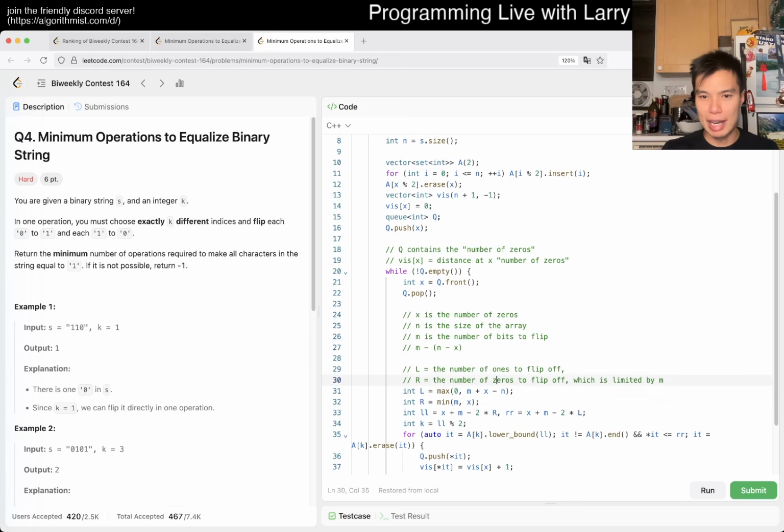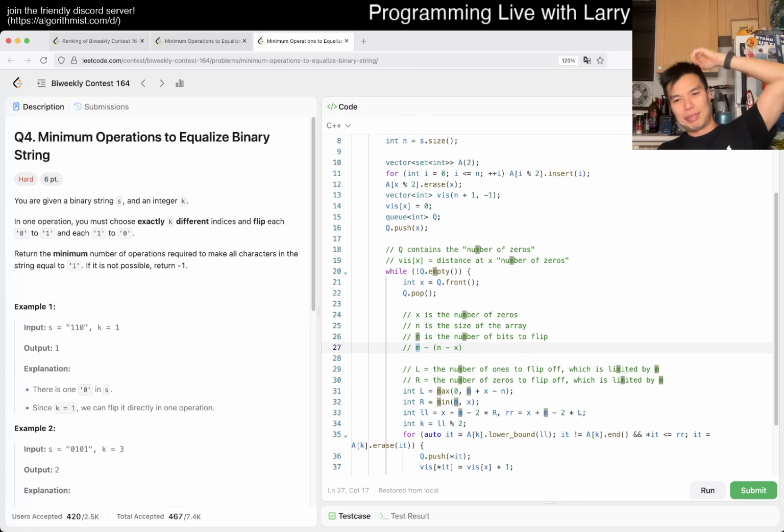So then L is just the number of ones to flip off, which is limited by M as well. I think that's the 0 point, and this is factored in, right? Because this is the number of ones. Wait, is it? This is the number of ones. M is the number to flip.